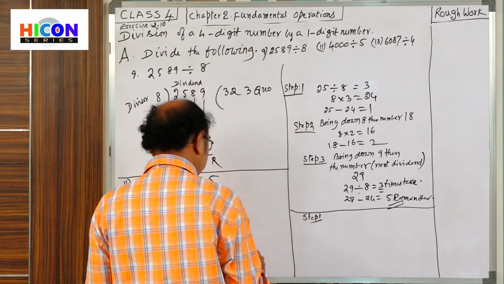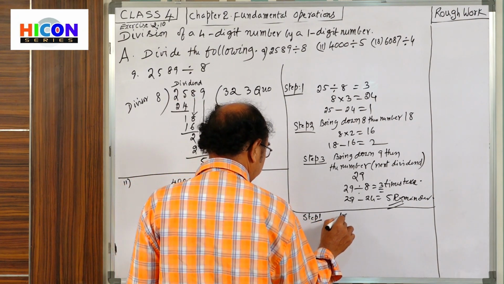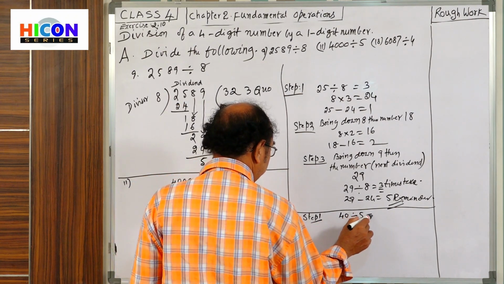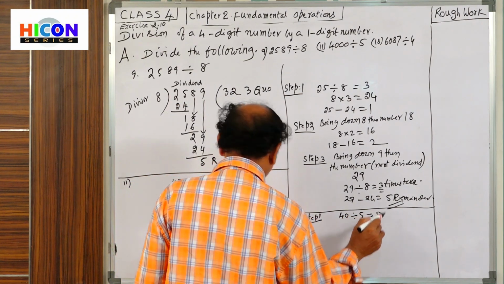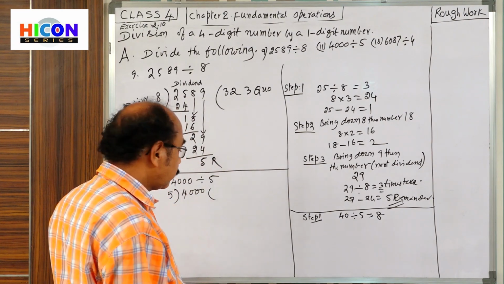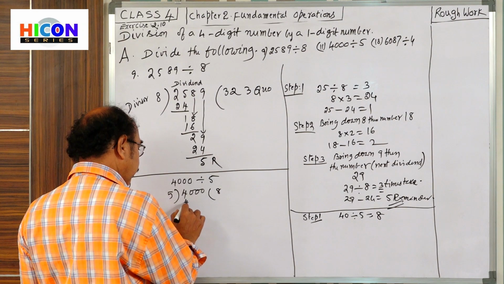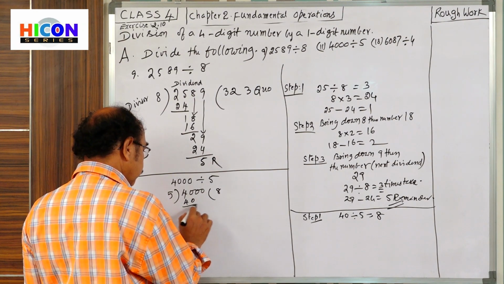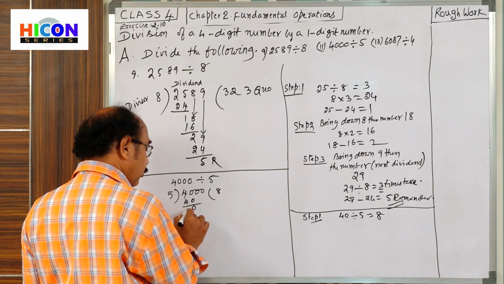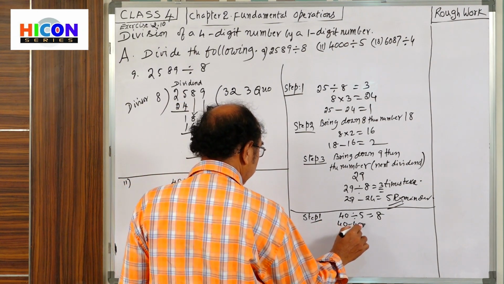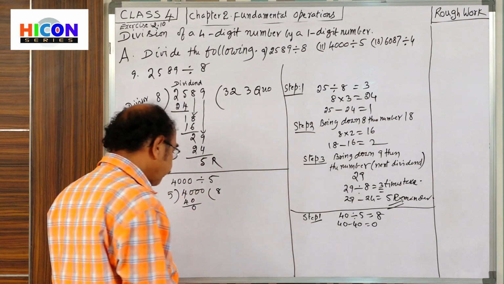In step 1, divide 40 with 5. 5 8s are 40. So, 8 times. Subtract: 40 minus 40 is equal to 0.